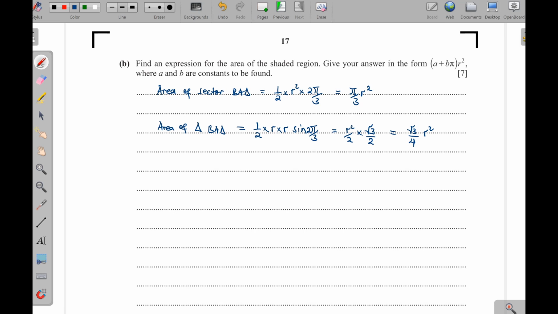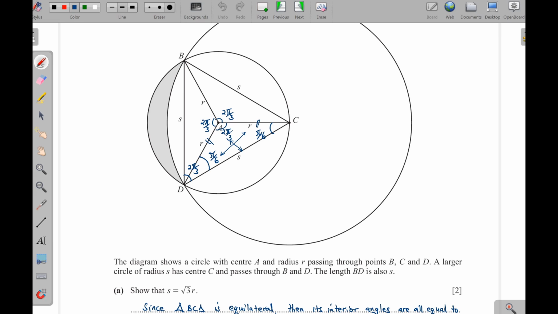Then if we subtract these two, I'll say the difference. Let me actually say the area now of the segment. Which segment are we looking at? When I get this area here, then minus that of the triangle, then the segment is going to be this one here.